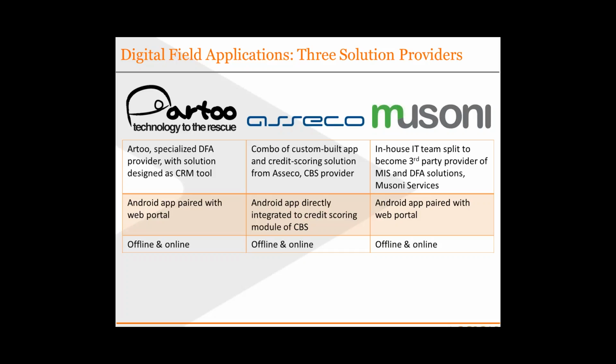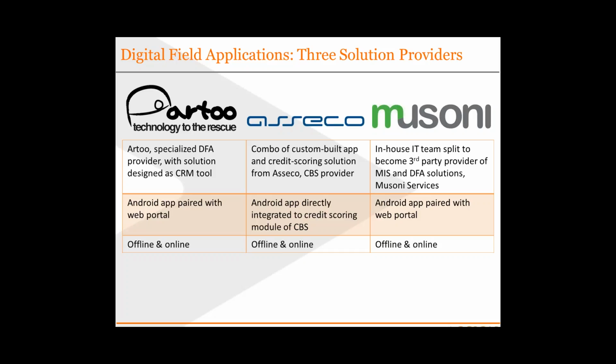So R2 worked with Ujjivan to develop an Android app paired with a web portal, and this functioned in offline and online mode. Whereas OBS used its core banking service provider, Asseco, and created a combination of a custom-built app that directly integrated to a credit scoring module.